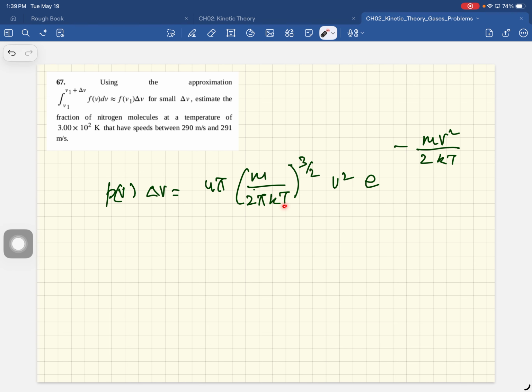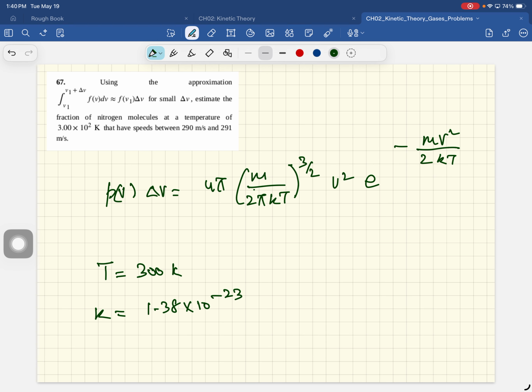So we're going to take 1 mole, and that will be the molar mass.